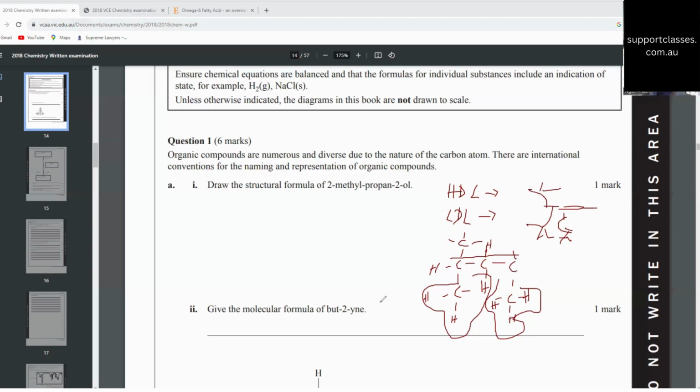But in contrast, if you have more of these things, and 6 of them together: 1, 2, 3, OH here, or maybe another CH2, CH3.